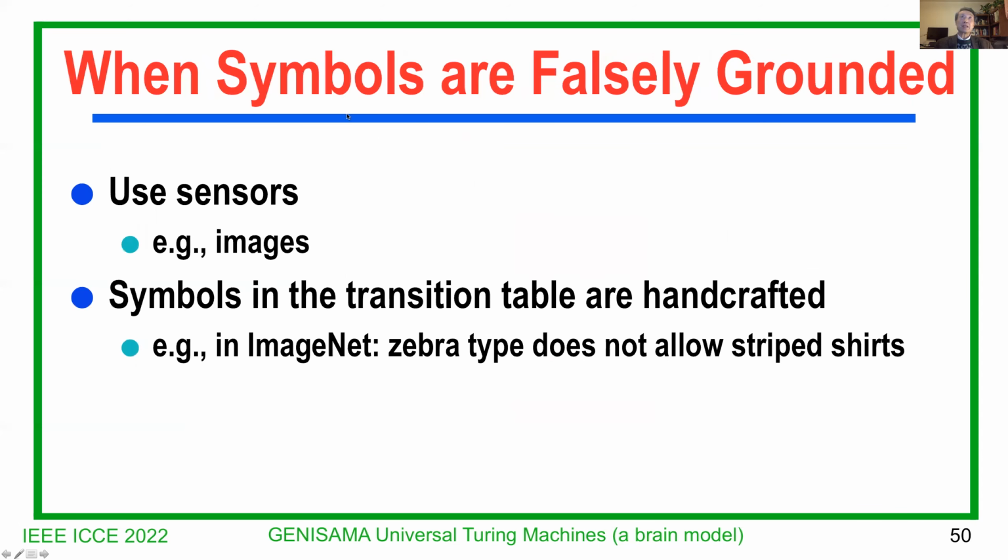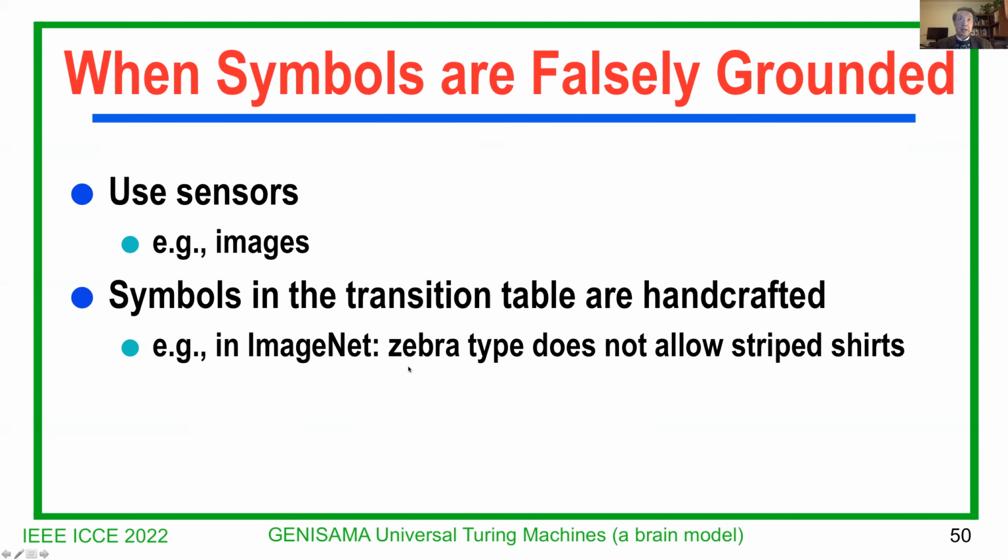And we say that the symbols are falsely grounded if you use sensors. With sensors, you bring some information in from the real world, but it may not be done correctly because you still have symbols. The symbols in the transition table are handcrafted. So it's not really grounded, because a human handcrafted the symbols, and those symbols do not apply to anything other than what was handcrafted.